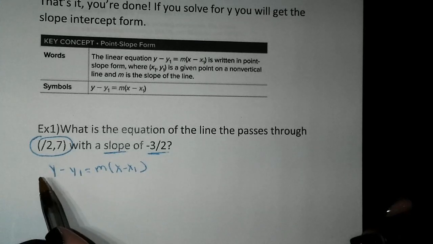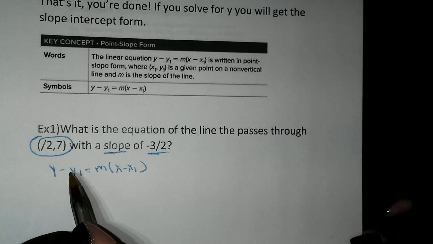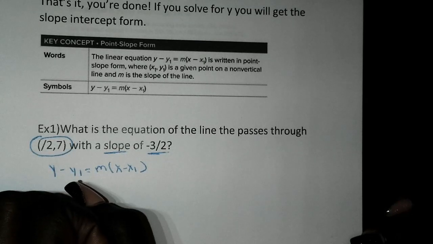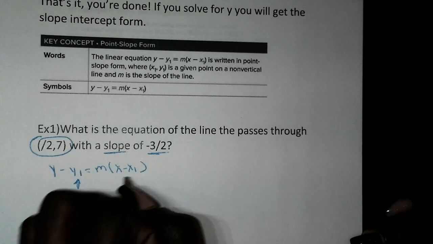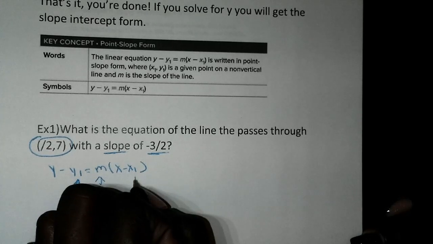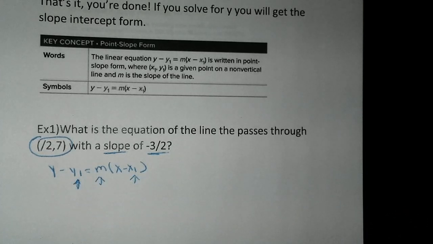Remember, in this case, we're only going to substitute our y1, our slope, and our x1. Those are the only terms that are going to change within this equation. So we rewrite our equation by substituting our y1, x1, and our m.